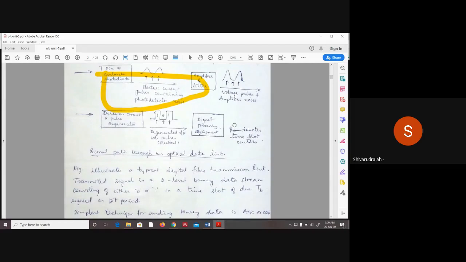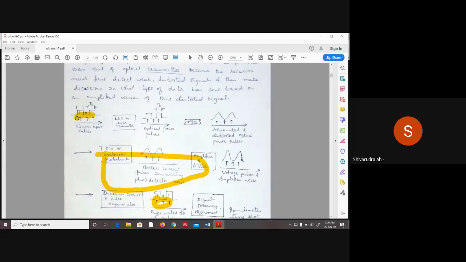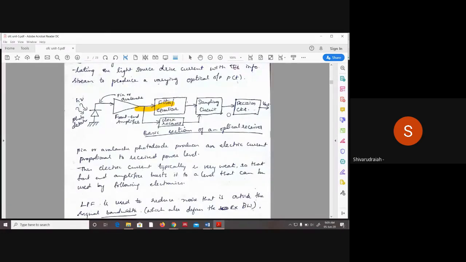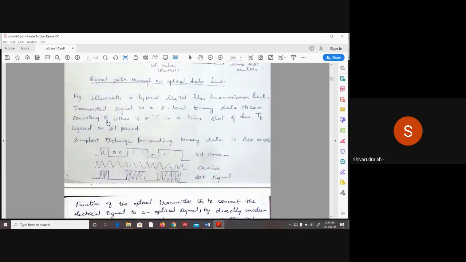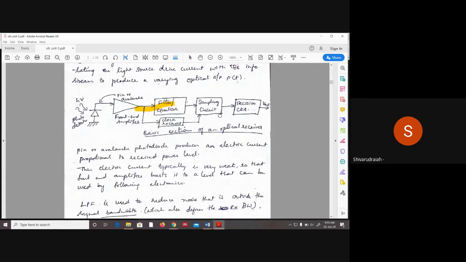So you can see the time slot centers which are being used here. These time slot centers have to be fixed appropriately so that one can receive the actual original information that is being transmitted. You can see the arrow marks indicate the time slots. Okay. So this sampling circuit is going to fix the time slot as it is transmitted at the transmitter side, at the receiver. Okay. That's the functioning of the sampling circuit.